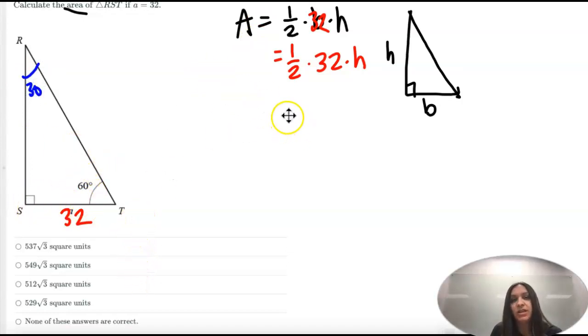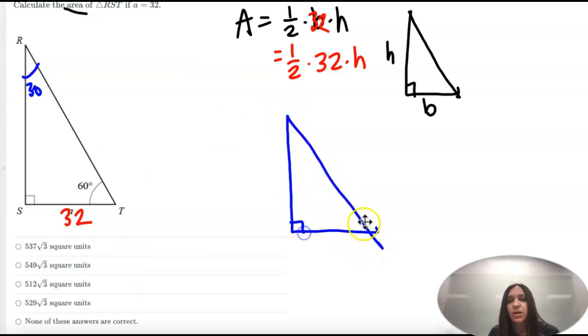Okay, so I'm going to write the general triangle so you can see where everything's coming from. Okay, so remember, short side out to the 60-degree angle, we're going to call x. And then the hypotenuse, we double, that'd be 2x.